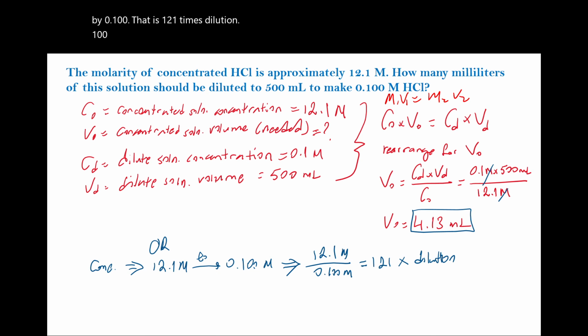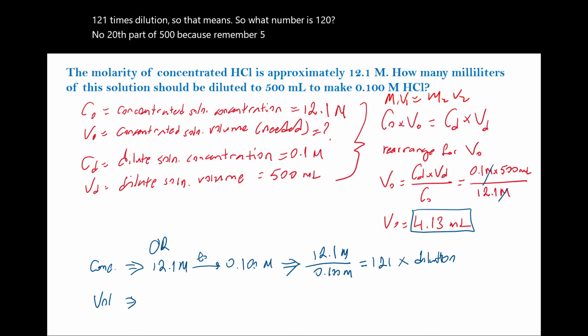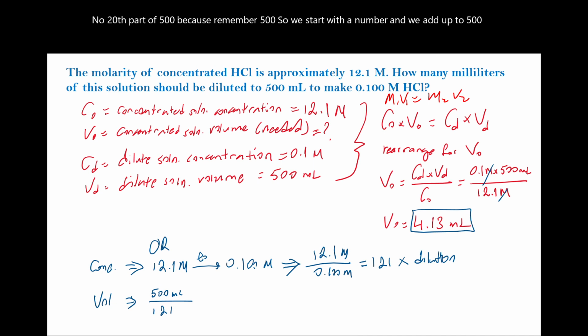121 times dilution. So what number is the 121st part of 500? Because remember, we start with a number and we add water up to 500 milliliters, so it should be 121 times.